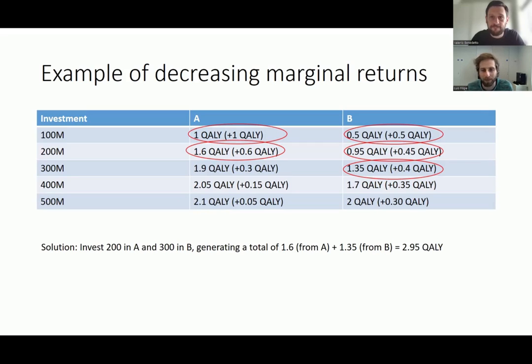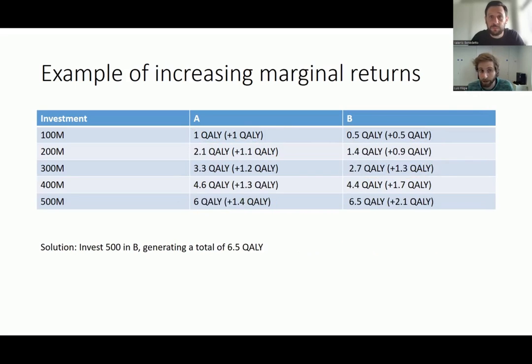And by that, what I mean is that it really depends whether these incremental investments are constant in terms of the benefits they provide, or if they are decreasing, or if they are increasing, which is also an option.